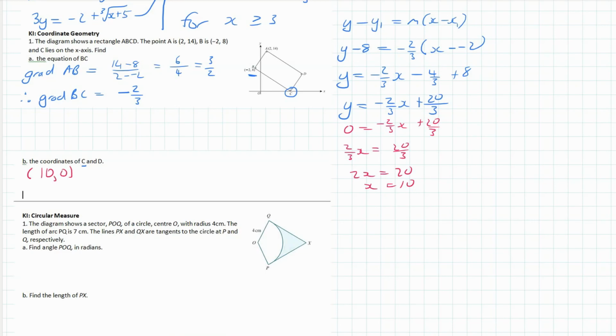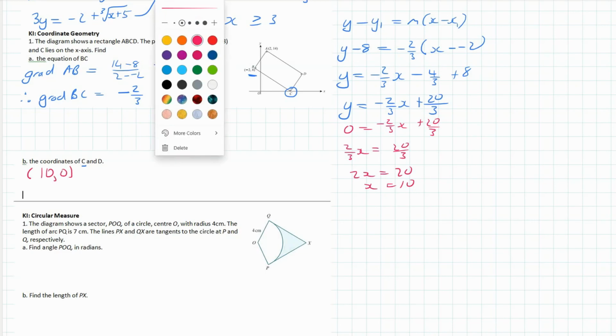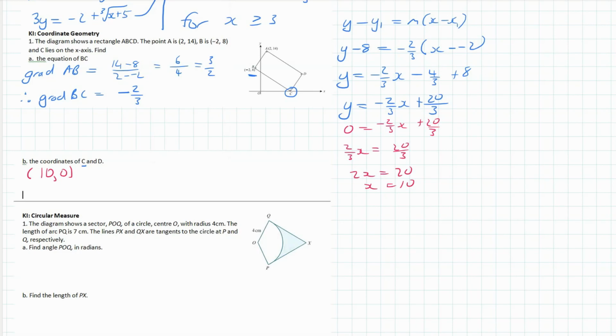Now D. What we can do for this, we can just use the vector that we've transferred from B to C. So B to C is, you've dropped down 8 and you've gone across 12. So it's a minus 8.